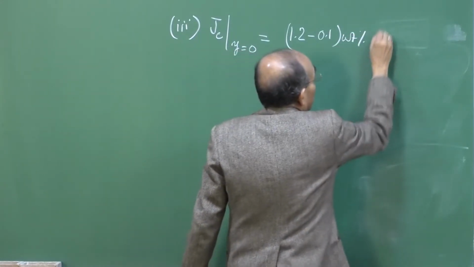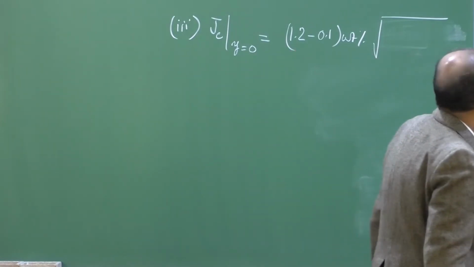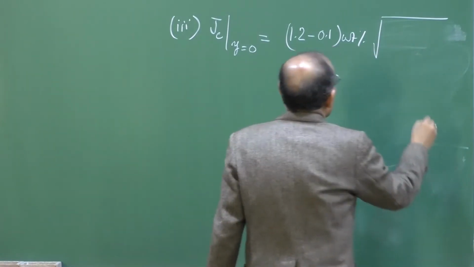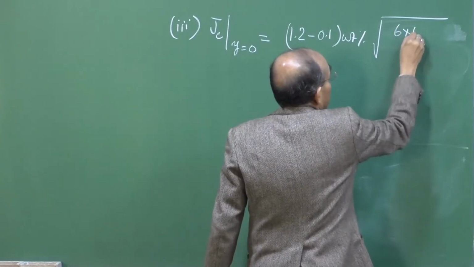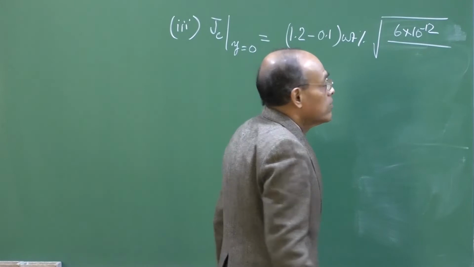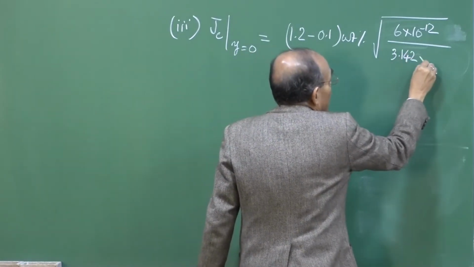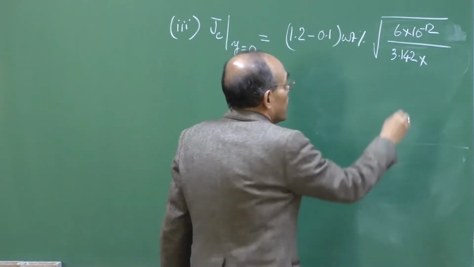And then we have the diffusion coefficient, which we have calculated to be, I think, 6 multiplied by 10 raised to the power minus 12, and then the pi is the constant 3.142, and this is multiplied by the time that we have considered.